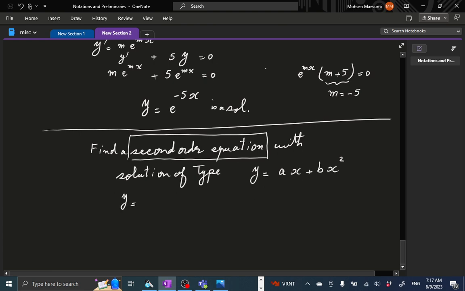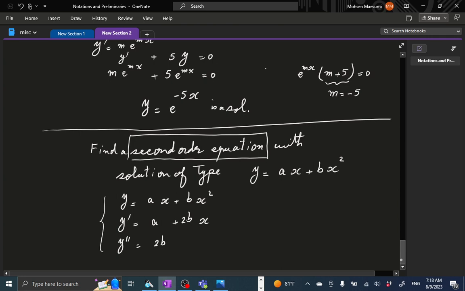So if y is ax plus bx squared, then of course the derivative of this is just a plus 2bx, and the second derivative of this is just 2b. The derivative with respect to x of this is just 2b, and the derivative of a is 0.